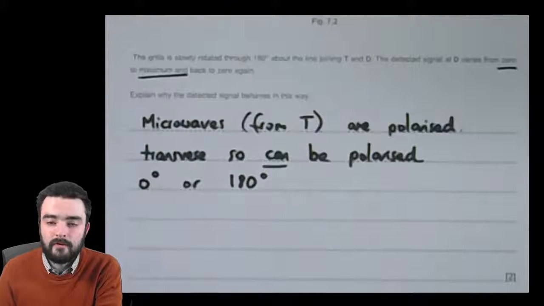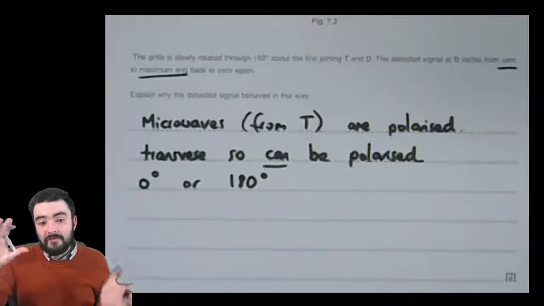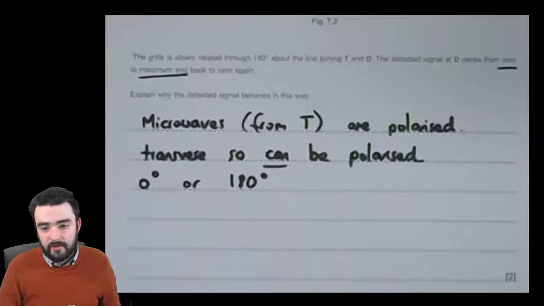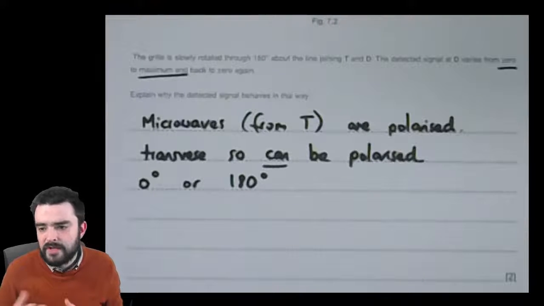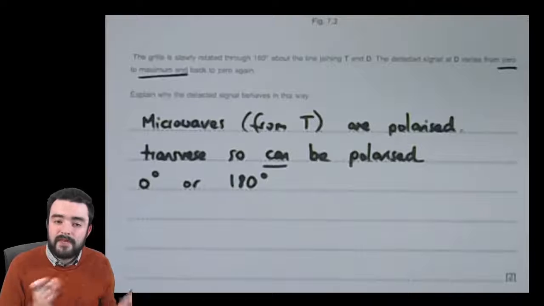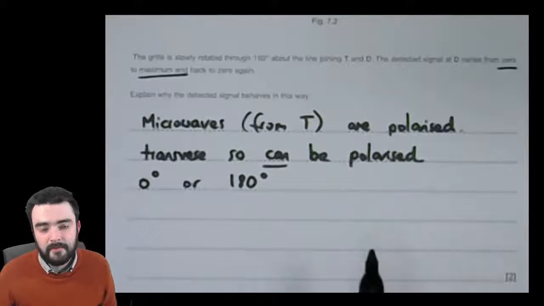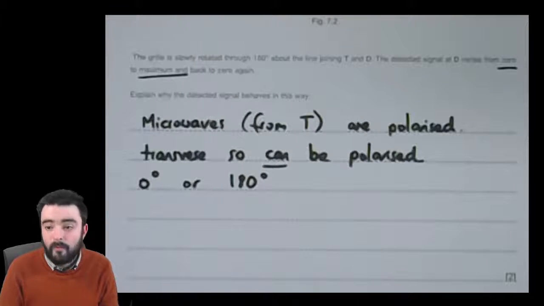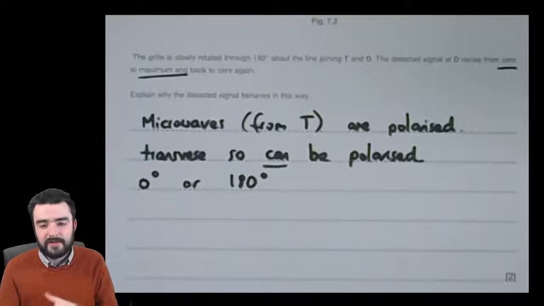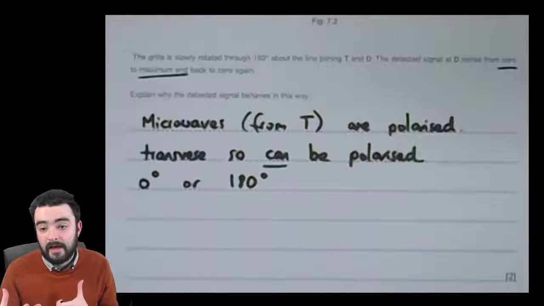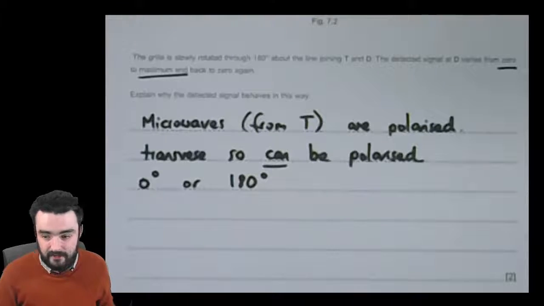If they weren't polarized, even when the vast majority of it was being blocked by the grill, some of it would pass through, and so you would never get that 0 reading. You might still get a maxima and a minima, but you wouldn't get a 0. So if it was unpolarized microwaves, or partially polarized, you would get a maxima and a minima, but because the microwaves are fully polarized, that's why you're going to get the 0 reading.